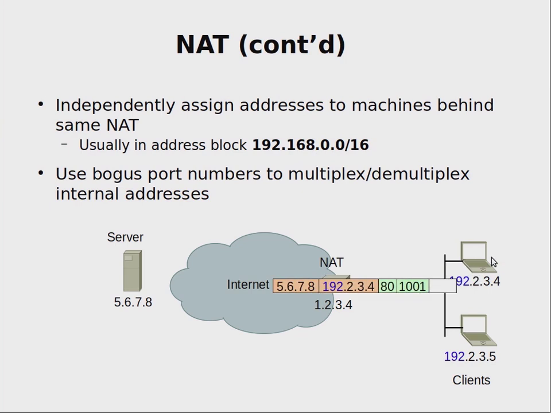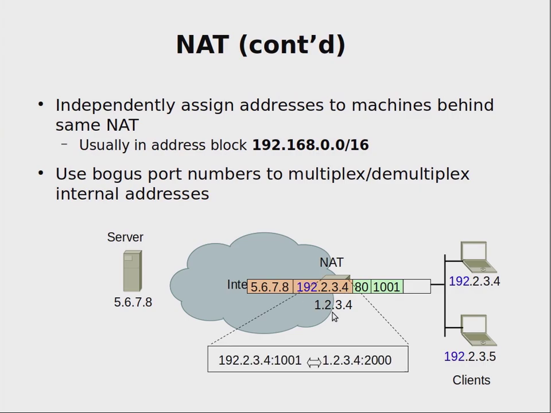And this NAT device changes this internal IP address to an externally available public address, and it remembers that when it receives a packet for IP address 1.2.3.4, port number 2000, it needs to retranslate it back to 192.234.1.101. So there should be a table, because otherwise it will not know how this changed packet needs to be sent back to this computer, not to that computer or something else.